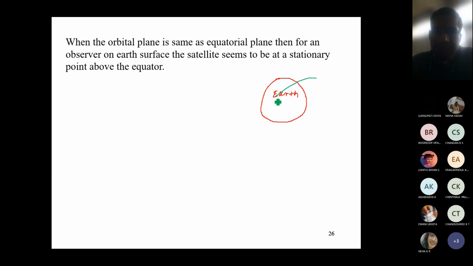This orbital height can be here, can be here, can be here. So your satellite can also move in this particular orbit where the orbital height is 36,000, or the exact value is 35,786.